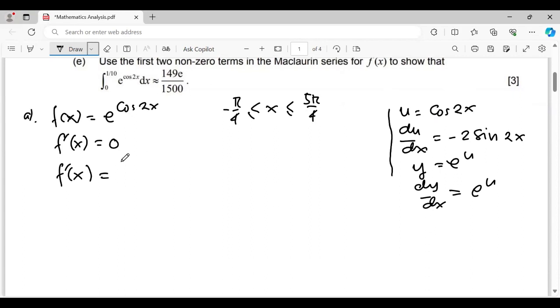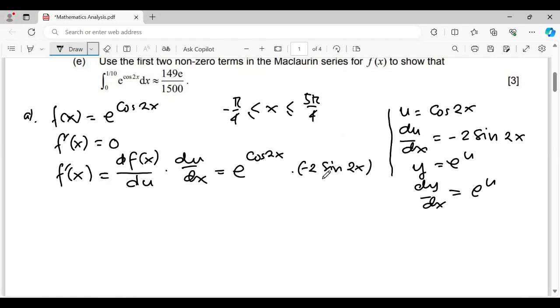According to the chain rule, dy/dx is dy/du times du/dx. dy/du is e power cosine 2x, times du/dx, minus 2 sine 2x.